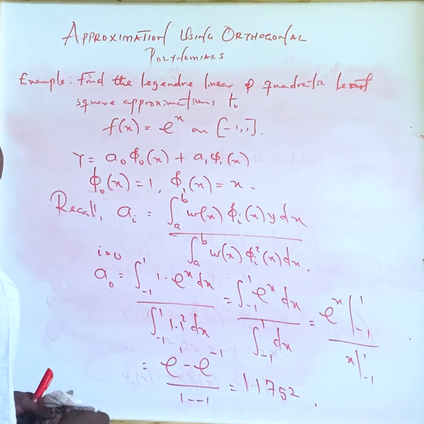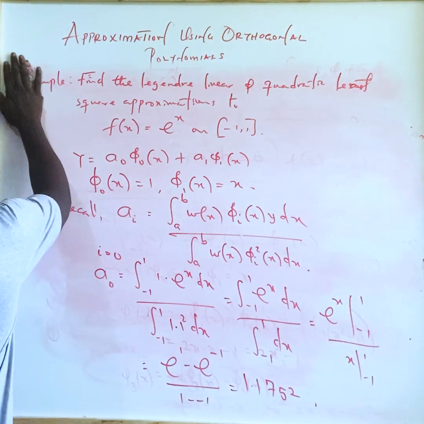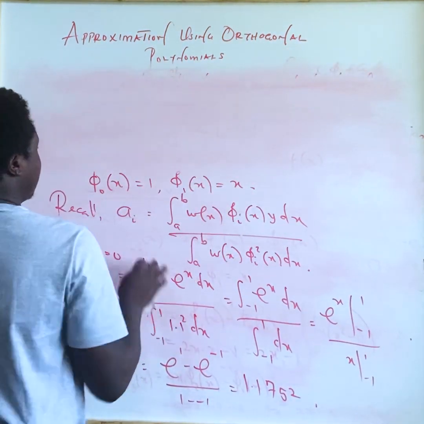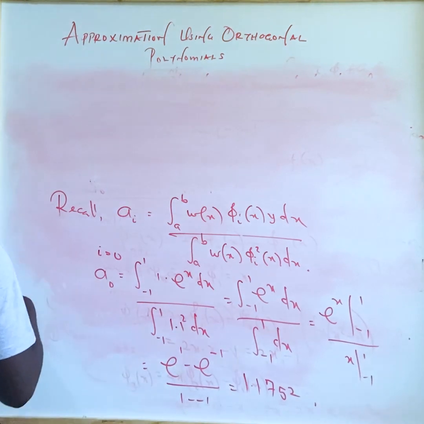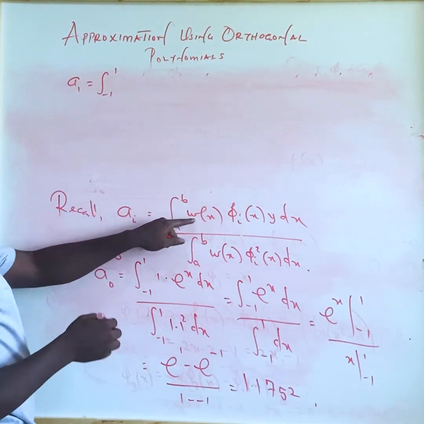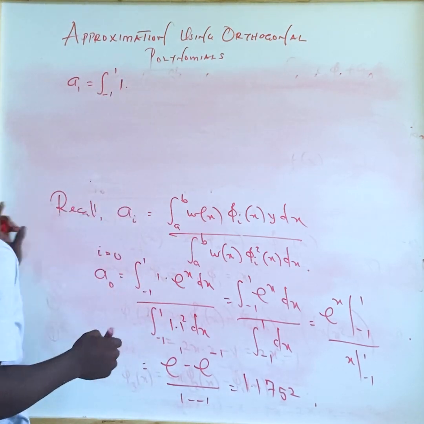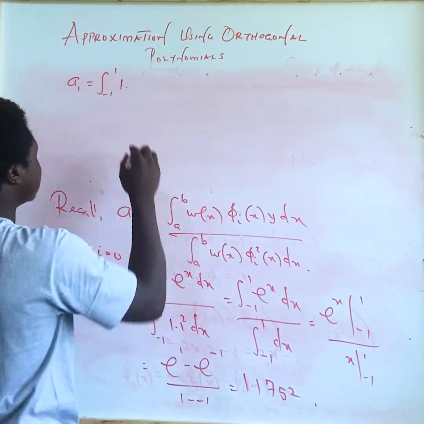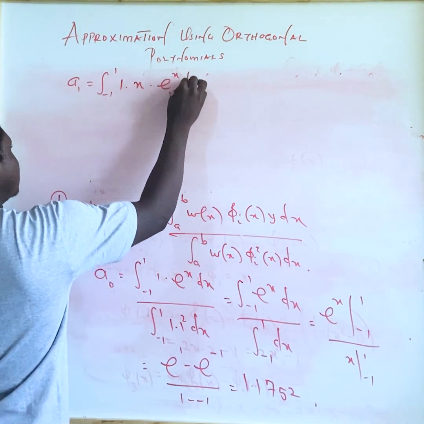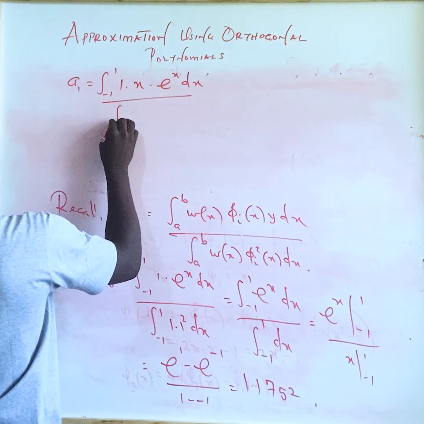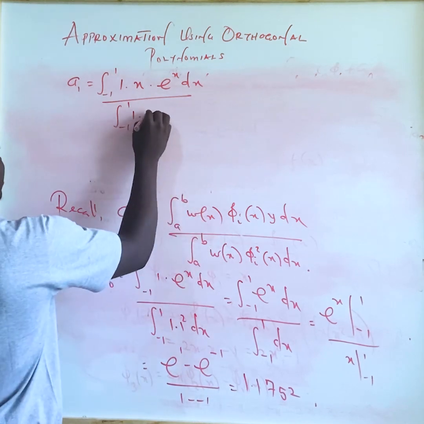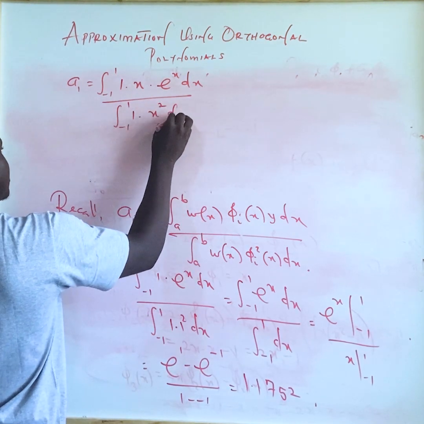So our a1 in this case will be the integral from minus 1 to 1, again weight function, that's 1, times phi 1. Our phi 1 is x, so 1 times x, then times our y, exponential x dx, over the integral from minus 1 to 1 of 1 times phi 1 squared, that's x squared dx.